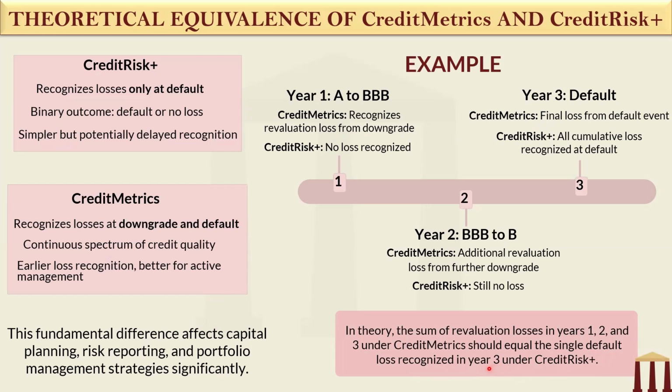Again, this is very important, assuming consistent discount rates and recovery assumptions. In the beginning only we said this. If the assumptions are the same regarding default probabilities, recovery rates, and discounting, then the models will produce theoretically equivalent total losses.